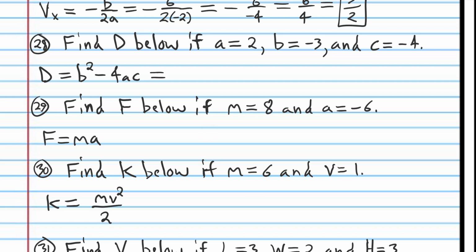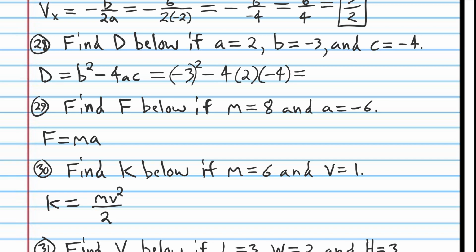So if you wrote -3 squared without parentheses, that's incorrect. That's going to give you the wrong answer. That's going to give you -9. We want to put -3 in parentheses because it's negative. -4 times a times c.